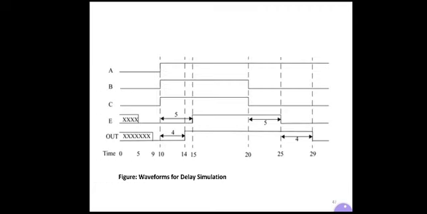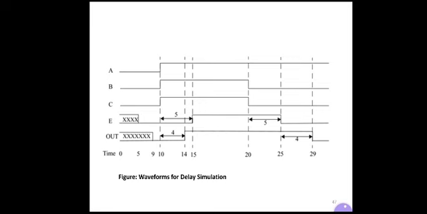Now observe here in the waveform, E is initially unknown for 5 time units because E is given #5. #5 is 5 time units. So for 5 time units it will not do anything, so the values are unknown. After that, the AND gate output is produced. The AND gate output for 0, 0 is 0. That's why E is 0 from 5 time units onwards.